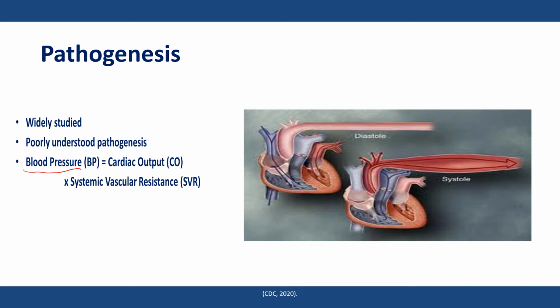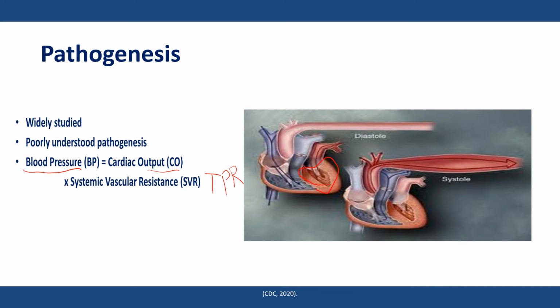Blood pressure equals cardiac output times systemic vascular resistance, or sometimes we call it TPR, total peripheral resistance, same thing. Now, remember, blood pressure is the amount of force that is exerted on the blood vessel. So when the left ventricle contracts, it pushes blood away.